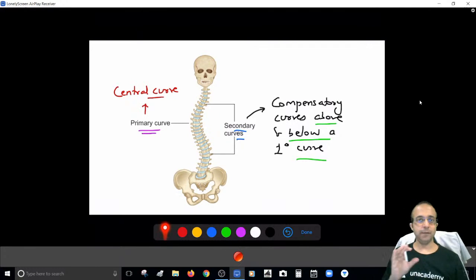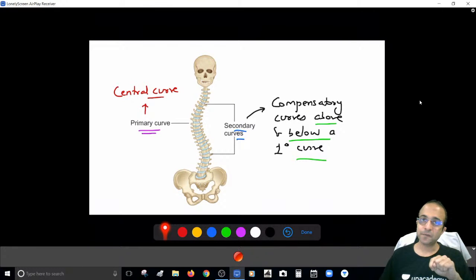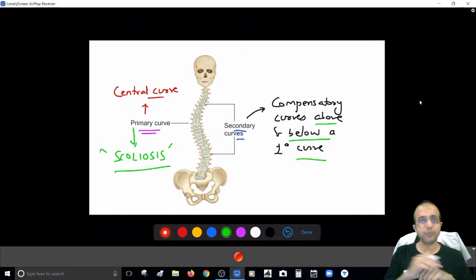In order to say that this is a thoracic scoliosis, you have to see that thoracic spine having a bending, but you have to find a compensatory curve below in the opposite direction, a compensatory curve up in the opposite direction. So when you see the compensatory curves, you know which is the central curve, and that central curve is the primary curve, and primary curve tells you which part of the spine has the scoliosis.